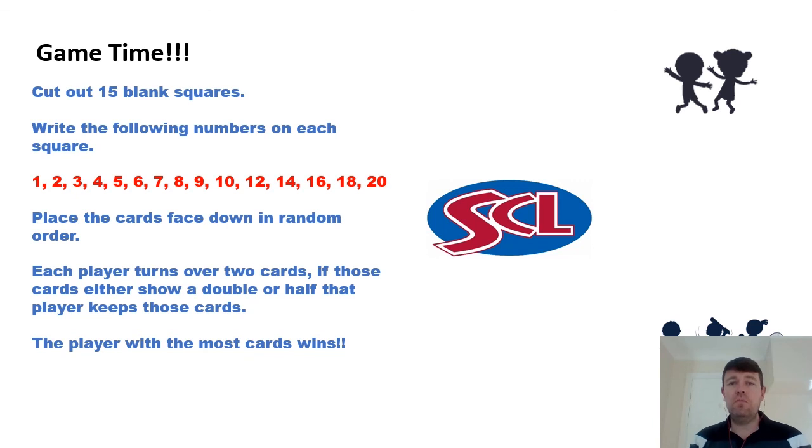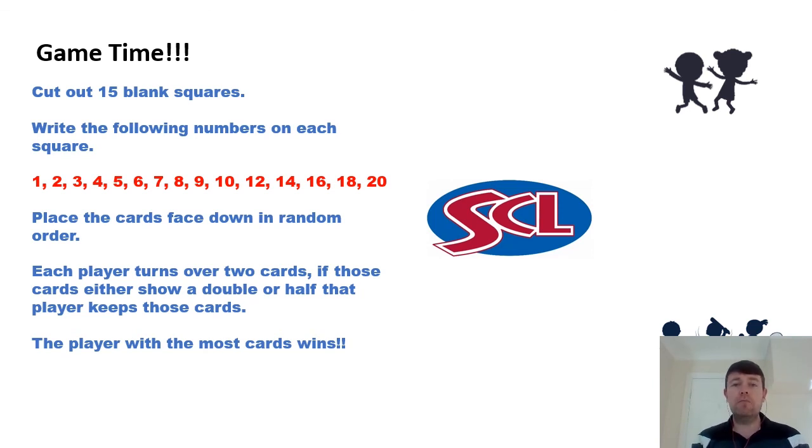So if you pick out 2 cards that are double or half, you get to keep those cards. So for example, if it was my go and I turned over the number 2 and the number 4, that means I could keep those cards because double 2 is 4 and half of 4 is 2. So I would keep those 2 cards with me because I've won those cards.